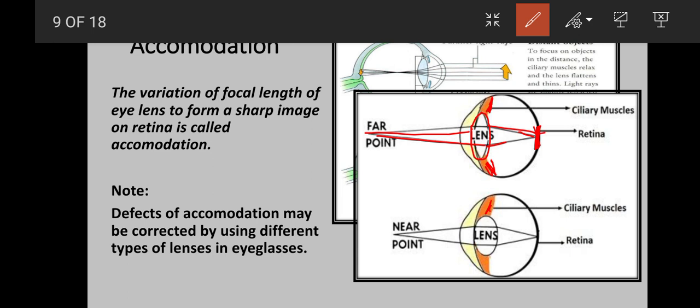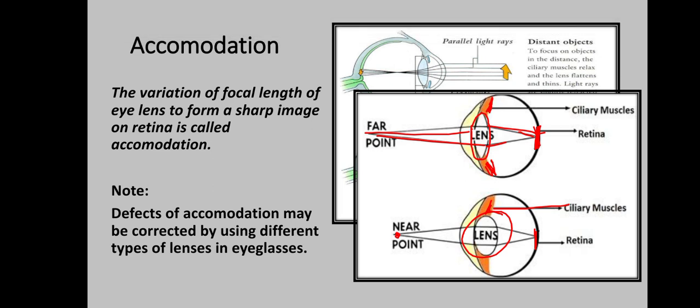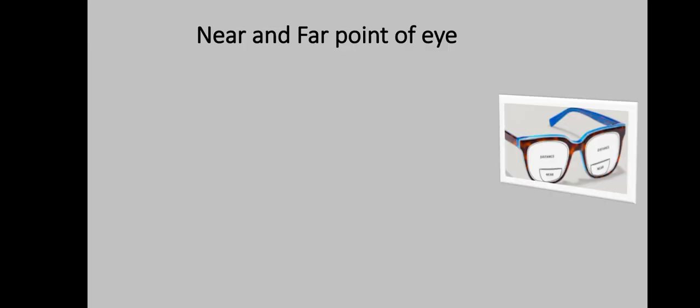Here the lens is thin, and in this case the lens is thick. The image is formed on the retina just because of the accommodation of the eye lens. The ciliary muscles are tensed here, the focal length of the eye lens decreases, and the object located at a near position can be seen easily. That was the accommodation of the eye lens.